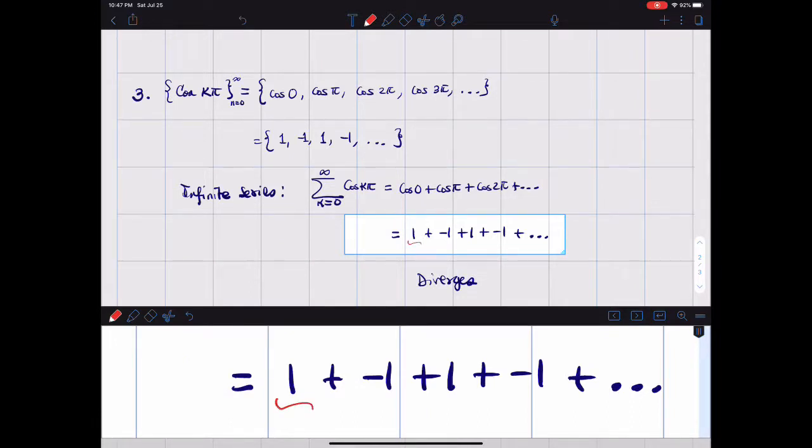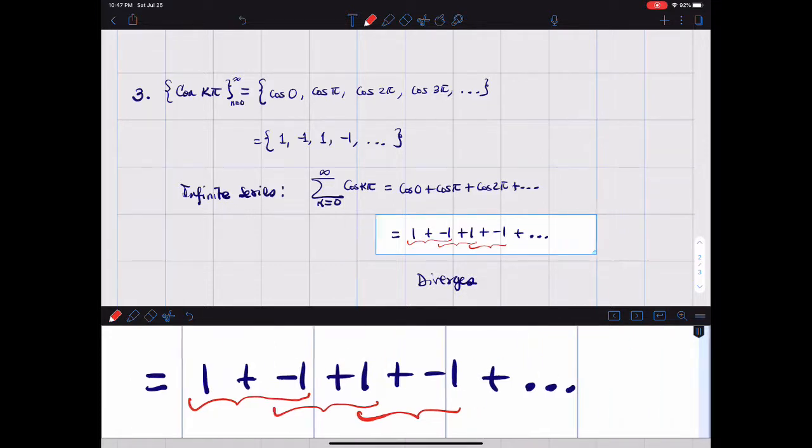So if we do the first two, this would be 0, right? If we just do this, this would be 0. But if you go again and you now add this one, that will give you 1 and so forth. If you add this again, this will give you 0, and you keep going like that. So it's going to add up to either 0 or 1.